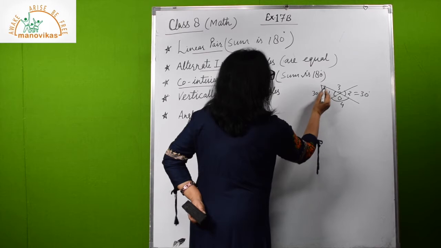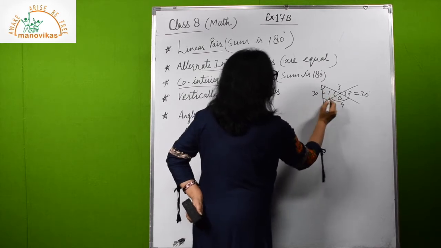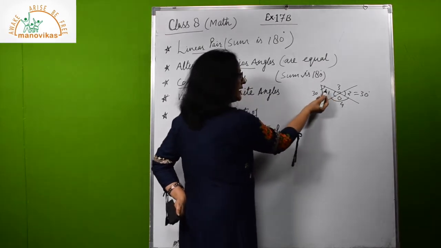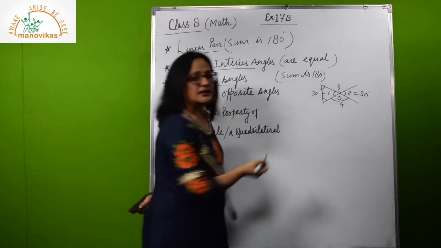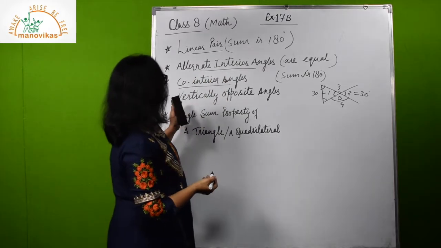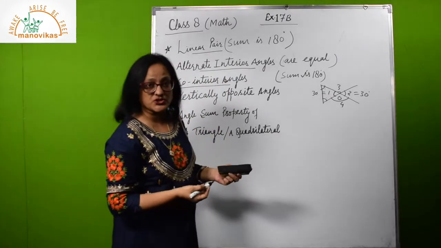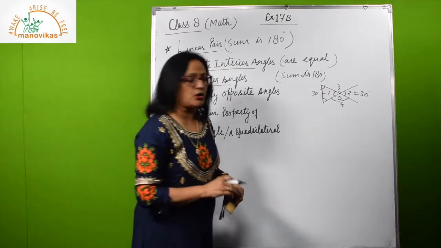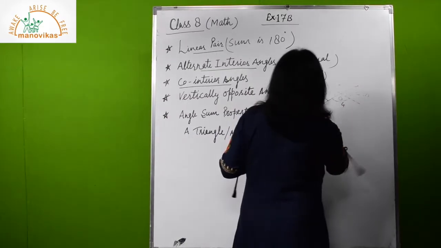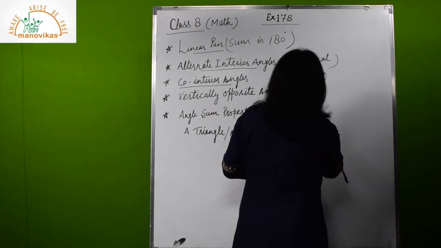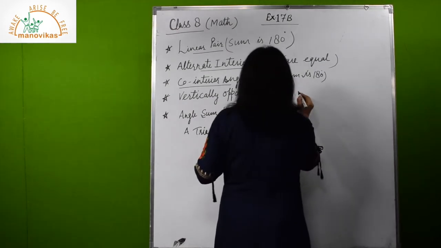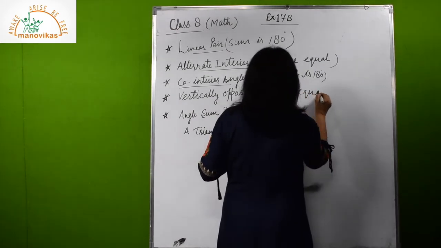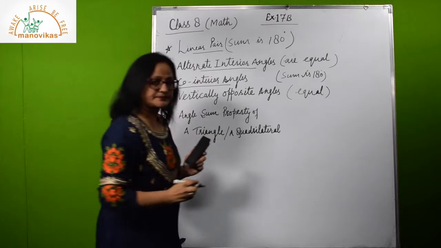If any triangle is formed here, with the help of angle 1, you can find these two angles easily. So the fourth angle that you will check in the given question is vertically opposite angle, and the property is that they are equal. So here the property you will use is vertically opposite angles are equal.